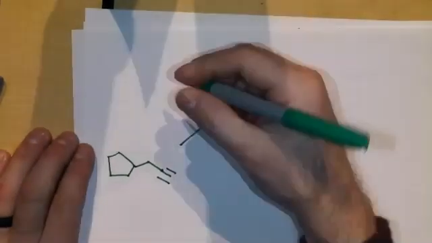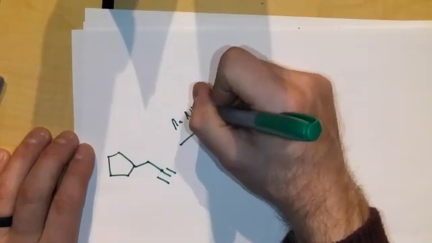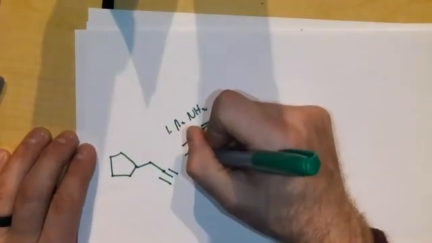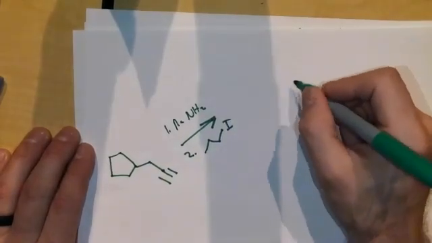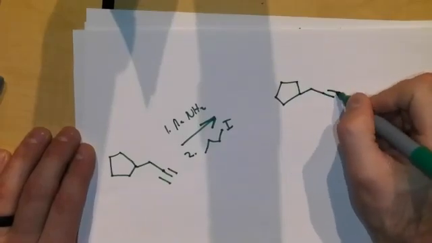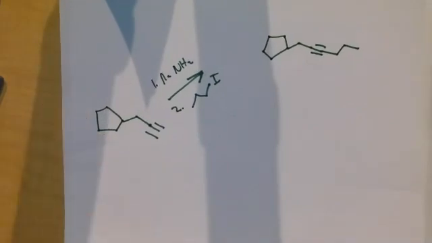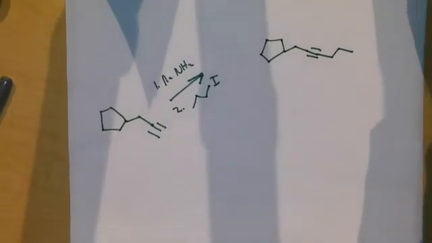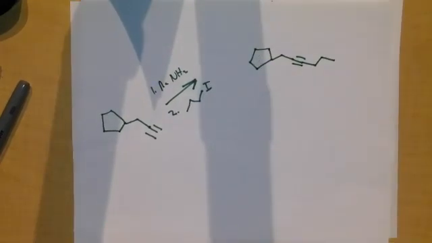If I do my alkylation first, so I throw in NaNH2, the 3 carbons I'm missing, and the leaving group. That would get me to here. And at this point, I can still do a reduction and I can still do a bromination. I'm not really stuck anywhere.